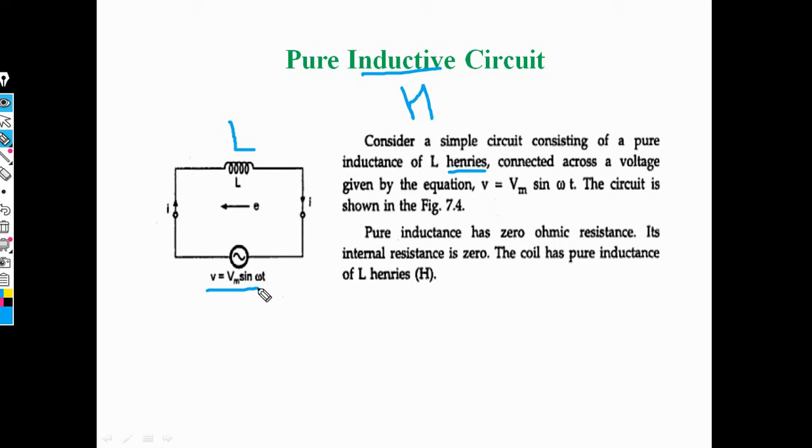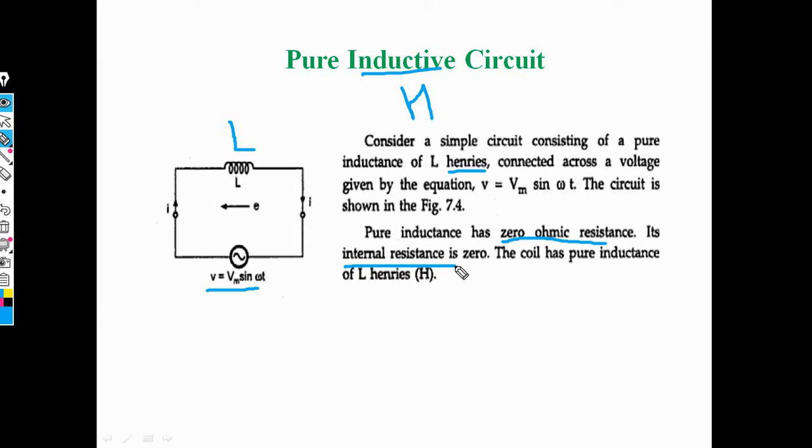The main important property of pure inductance is that it has zero ohmic resistance, so the internal resistance will be zero. The inductive coil has pure inductance, measured in Henry, capital H.